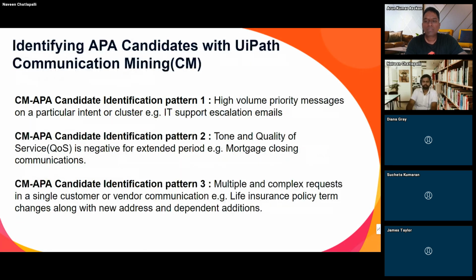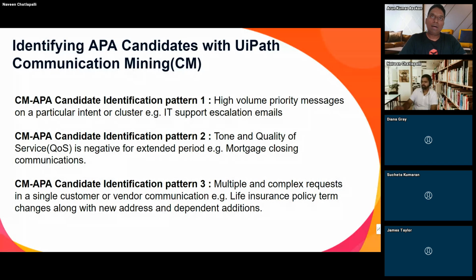Okay, so when I talk about communication mining, there are three patterns. The first one is, if you have looked at the mining dashboards, you can easily identify a particular area of business or a particular area of messages that has the highest priority and the biggest volume.